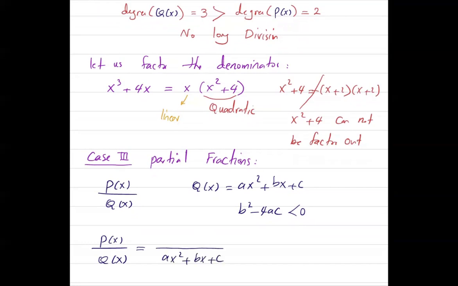Your numerator is a linear expression, ax plus b.